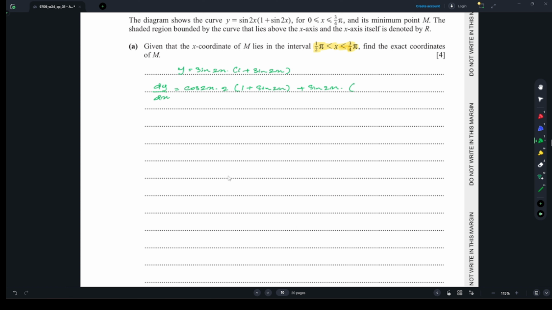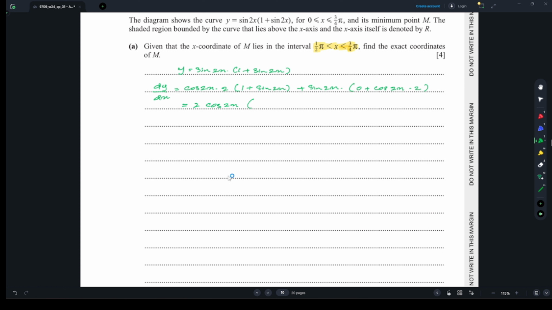Differentiation of 1 is 0, plus differentiation of sine is cos 2x, and the inside differentiation of 2x is 2. So I can simplify a bit. I can see that 2 cos 2x is common.